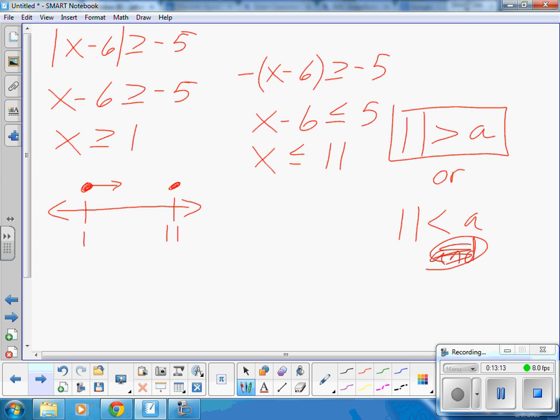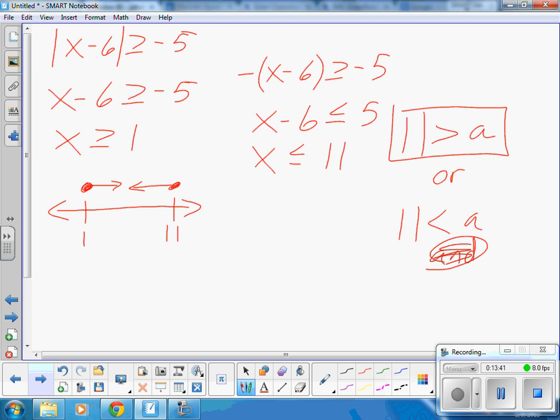We have a closed circle, and we have an arrow to the left. Now, when is this scenario true? It is true when the values are less than or equal to 11. It is also true when the values are greater than or equal to 1.